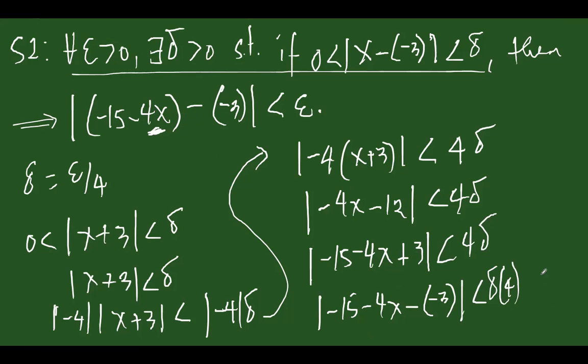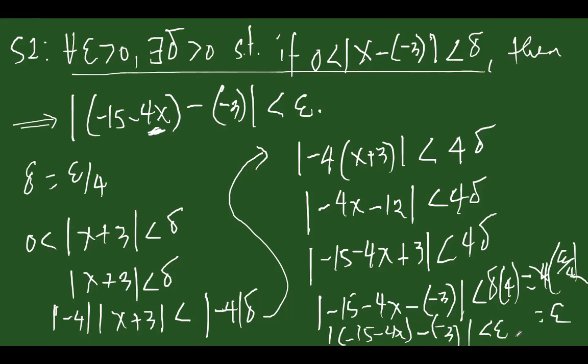We know that delta is equal to epsilon over 4, so 4 times epsilon over 4 is equal to epsilon. Therefore, we have already expressed that the absolute value of negative 15 minus 4x minus negative 3 is less than epsilon.